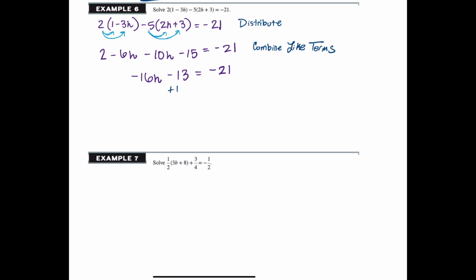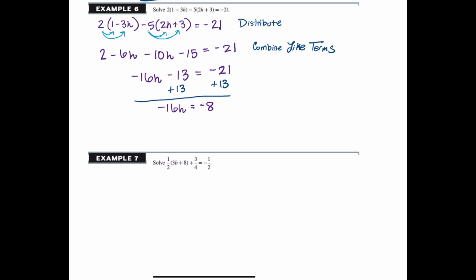Now let's add 13 to both sides to clear out the 13. So we still have the negative 16h. And then negative 21 plus 13 will give us a negative 8. We can also see that as 13 minus 21.